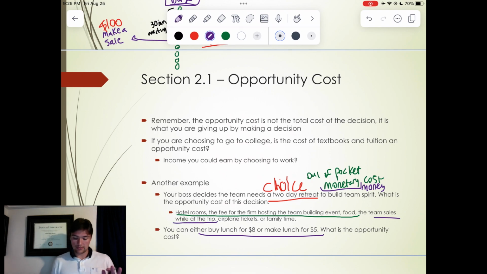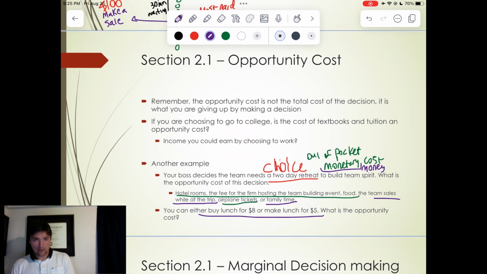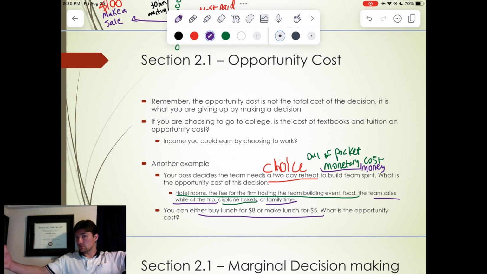So going back to the example about the $8 lunch or the $5 lunch. Here, let's be a little bit more specific. You have two choices. You can either buy lunch for $8 or you can make it for $5. What is the opportunity cost of buying lunch? Because you bought lunch, you are giving up how much?